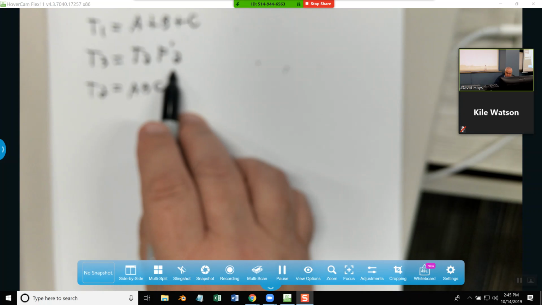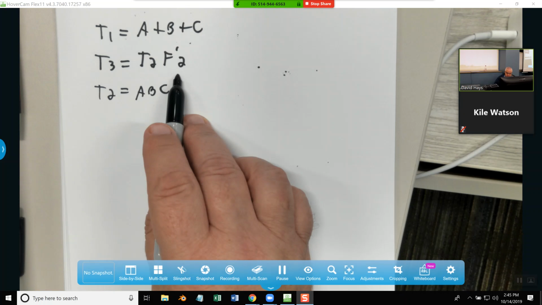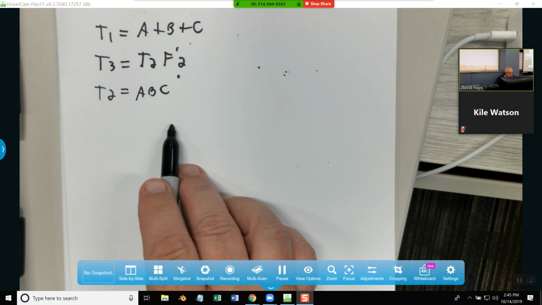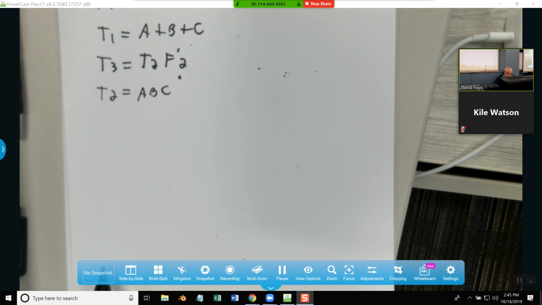Okay, so if I start with this one right here, assuming I get them all written down. That's T1, which is A plus B plus C, plus T3, which is T2 F prime of 2. A, B, and C are fine. T2 is A, B, C. Yeah, A, B, C.